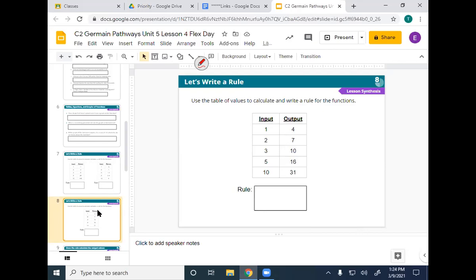Good. So Olivia, what were you thinking the rule was going to be here? I said multiply by 3 then add 1. Okay, multiply by 3, then add 1.